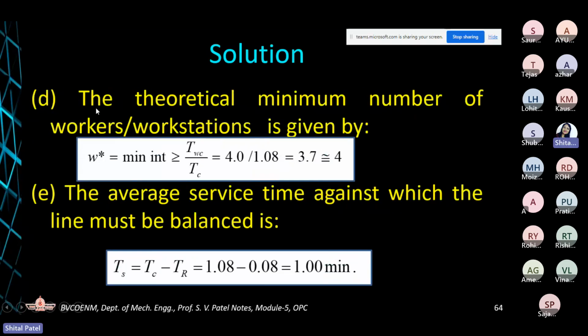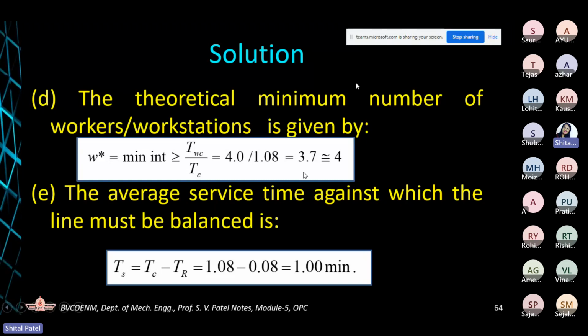Okay. Now, next one is the theoretical minimum number of workstations required. Sometimes it is asked in terms of workstations, sometimes in terms of number of workers. So the equation is the same for both calculations. So here TWC divided by TC, it means your total work content time divided by your cycle time.